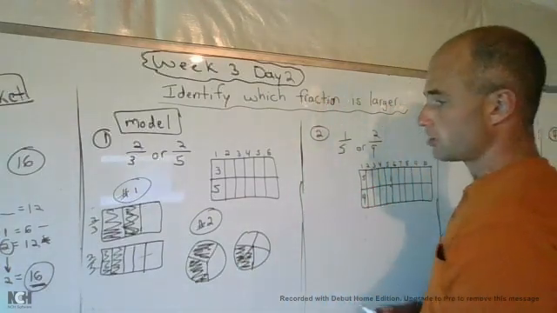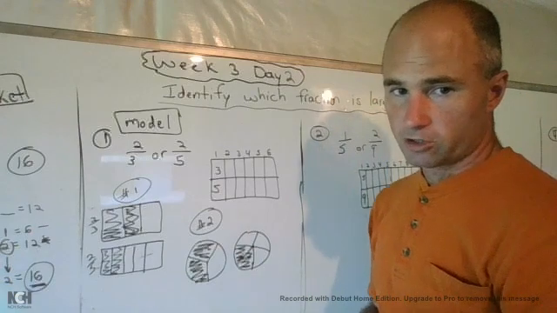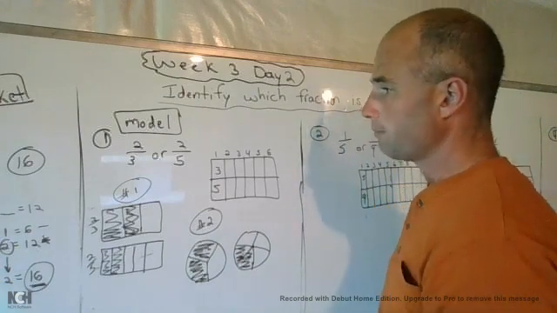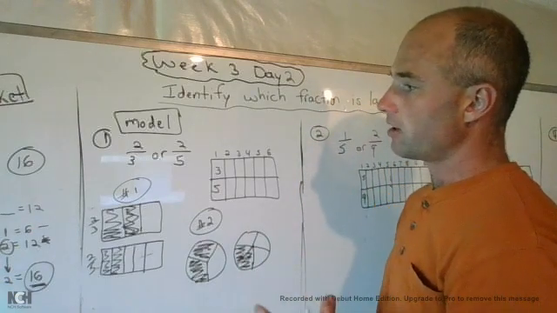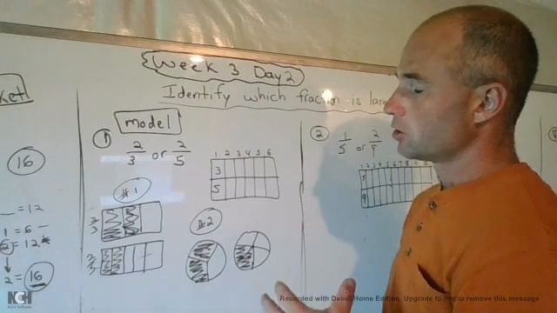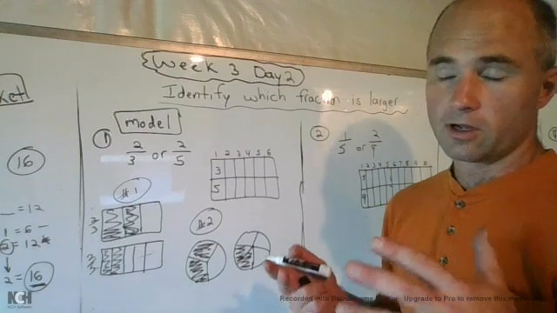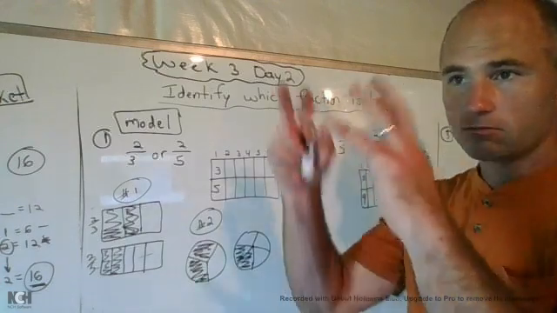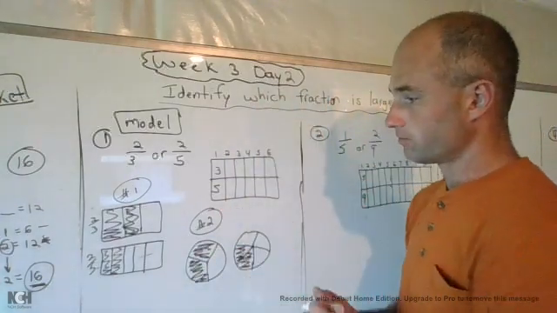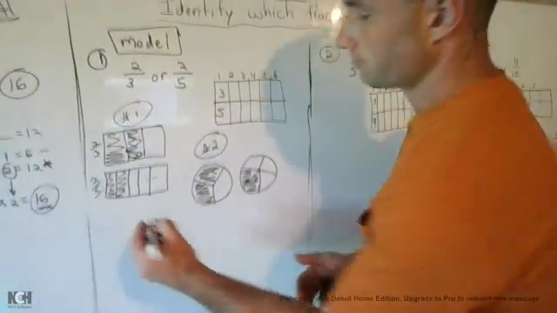A third strategy I call the benchmark strategy. You compare the number to a common fraction, like a half or a whole.